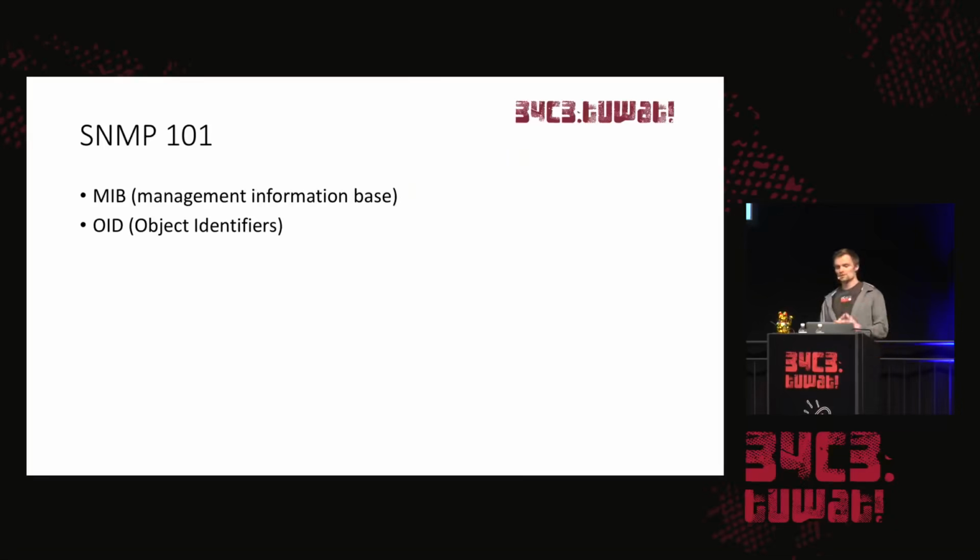The Management Information Base consists of object identifiers. As an example, you all know that printers usually use SNMP. For example, if there's a certain level of ink in the cartridge, you can query the SNMP service on this device for the percentage of ink left. So that's an example of how it works.